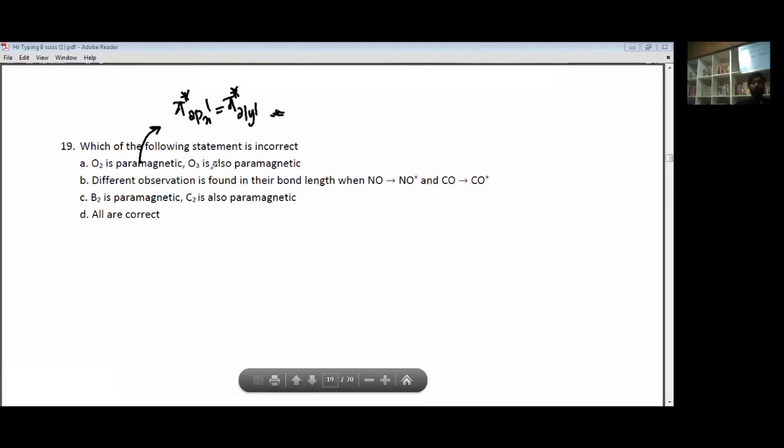But what about O3? Is O3 paramagnetic? No. O3 is a diamagnetic species, because we know the structure of ozone, where all electrons are paired.